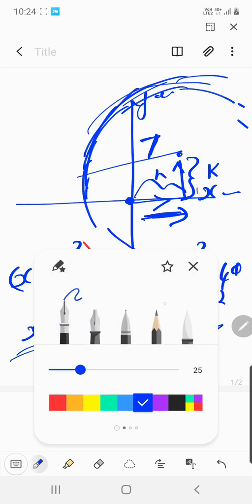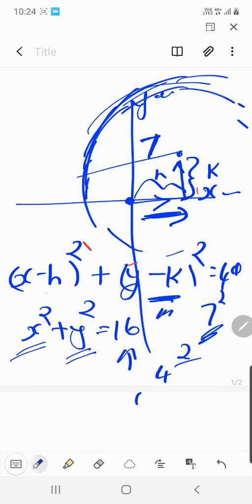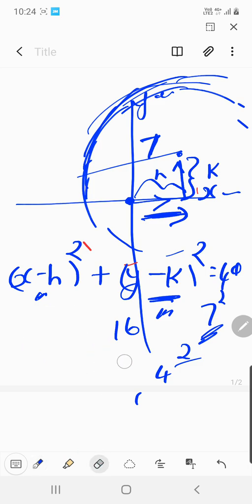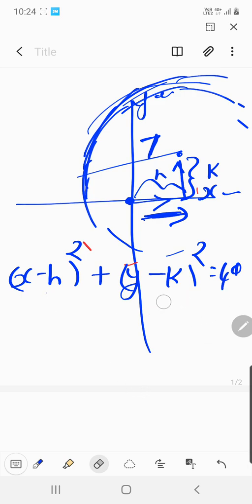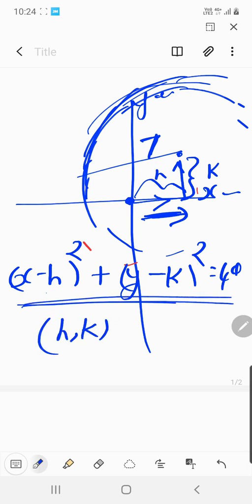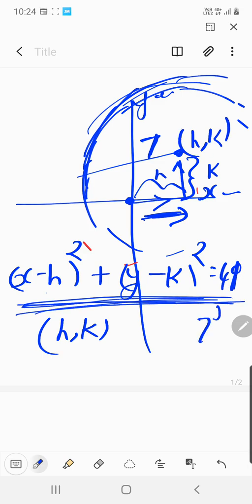This could use some research, because there seems to be a bit of an anomaly in my mind about how the equation of a circle with center HK, radius 7, 49, 7 square, relates to translating a circle.